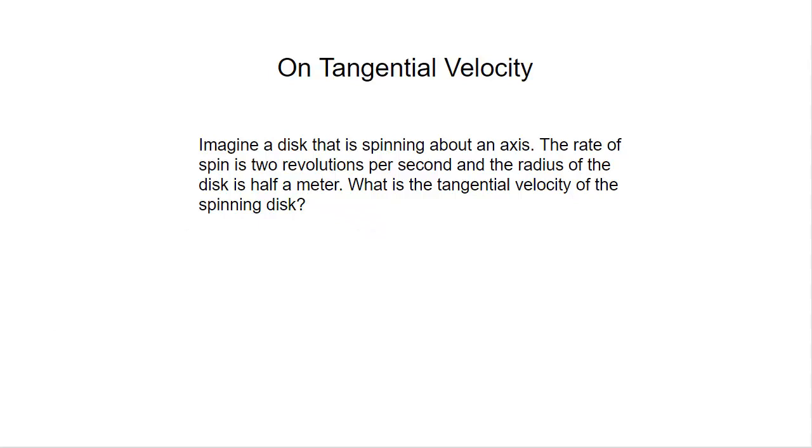So the first thing I do, because I've never been very good at word problems, is I draw a picture of a disk just to give me a visual of what the problem is about. And then I write down what I know about tangential velocity.